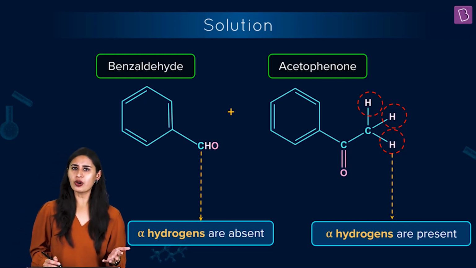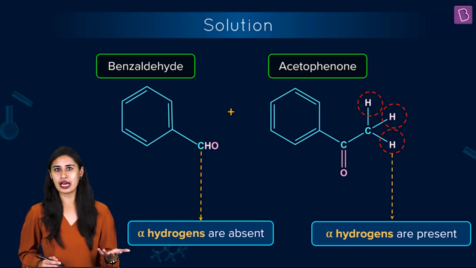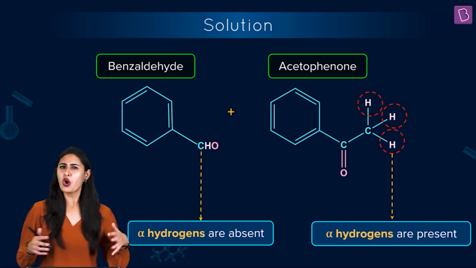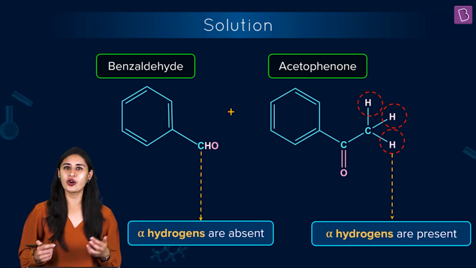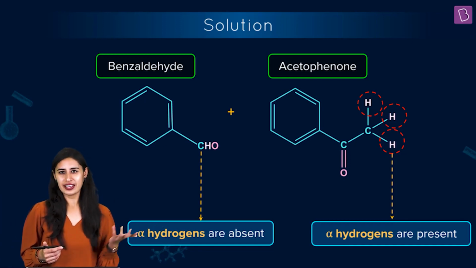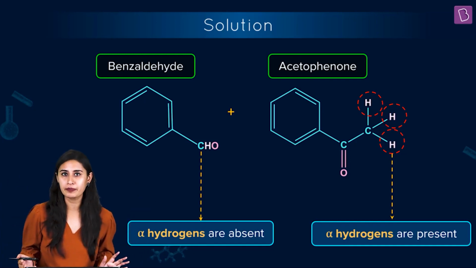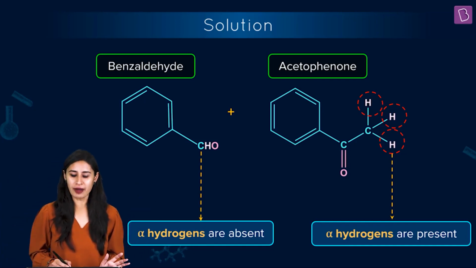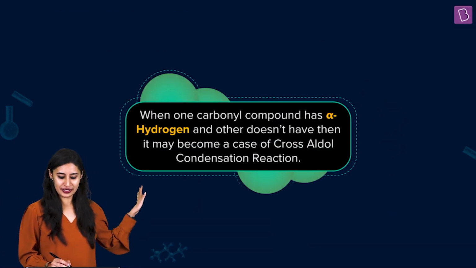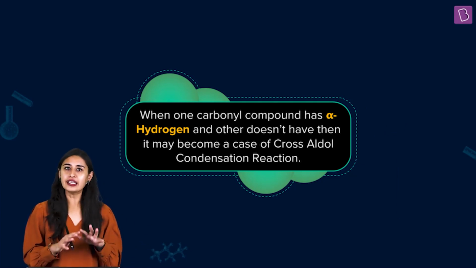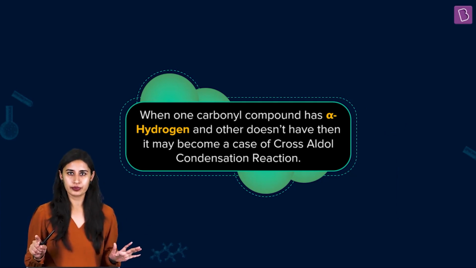Is it a possibility of a Cannizzaro reaction? Is it a possibility of Aldol condensation? Or is it a possibility of cross Aldol condensation? Or is it some other kind of name reaction possible here? So I'm sure the clue to SMART is more than enough. And here, when you see one carbonyl compound with alpha hydrogen and the other with no alpha hydrogen, okay?